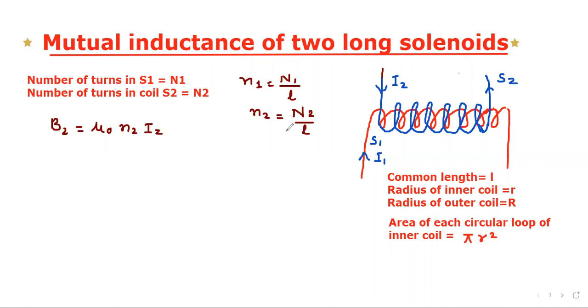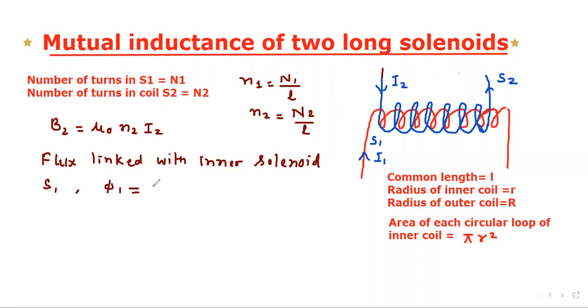Now, total magnetic flux linked with inner solenoid S1. So flux linked with inner solenoid S1 is suppose phi1.